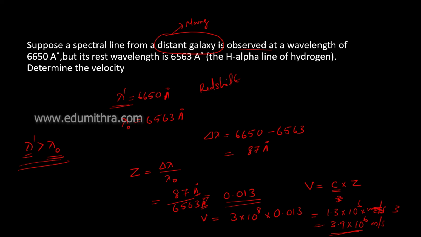Yes, sir. My doubt is, you told that we have the grating thing or prism inside a telescope. What is its significance? Why? That is the whole point of this lecture. Because then only we can split the light into different colors, and we can find out if any color is missing. Then we can find out, okay, this element is there, and if it is redshifted or blueshifted, at what velocity it is moving.